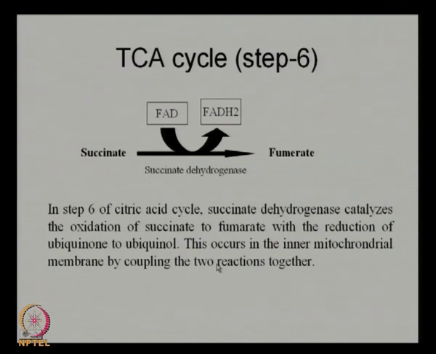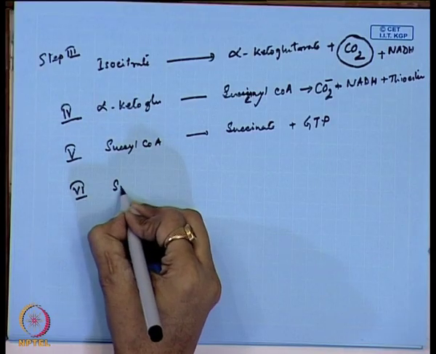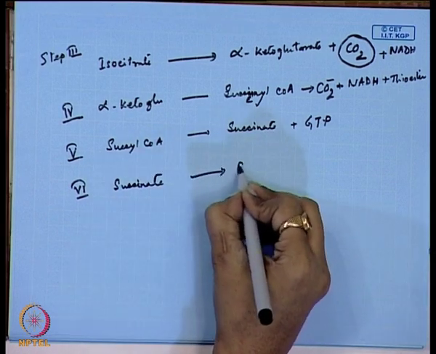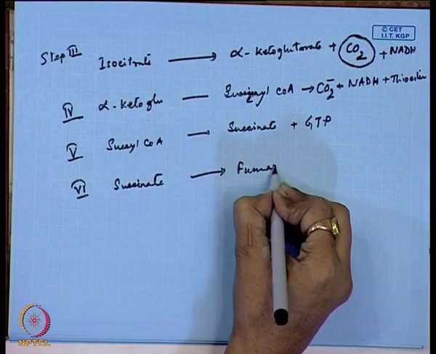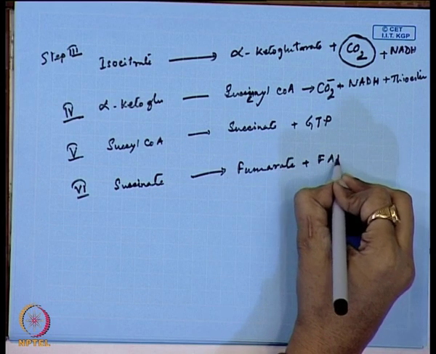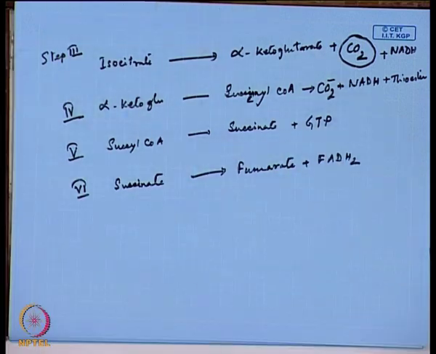In the 6th step, succinate is converted to fumarate. And here we are getting one molecule of FADH2 from one FAD molecule.